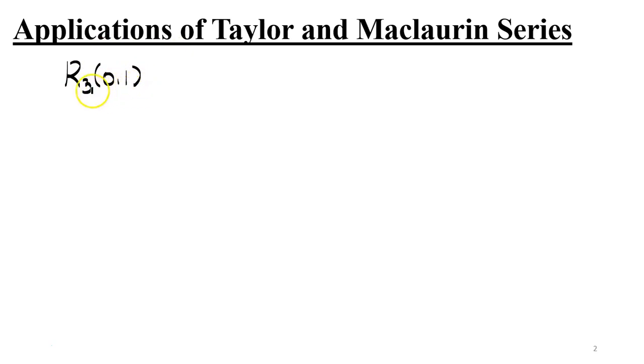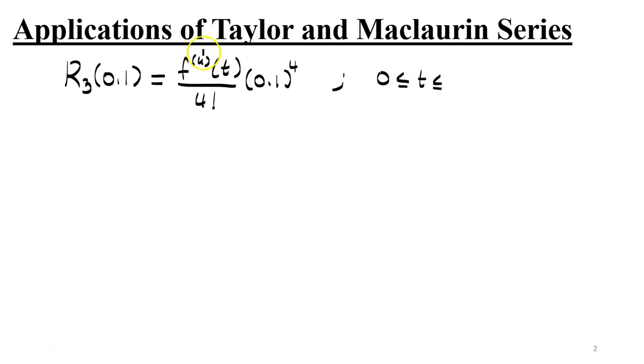So R3 of 0.1, it's R3 because it's the error term corresponding to a third degree Taylor polynomial. According to the Lagrange form of the error term, that's the fourth derivative at t divided by 4 factorial times the value of x, which is 0.1, to the power of 4, where t is between 0 and x, which is 0.1.